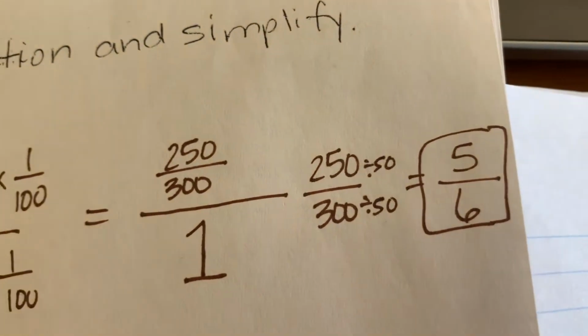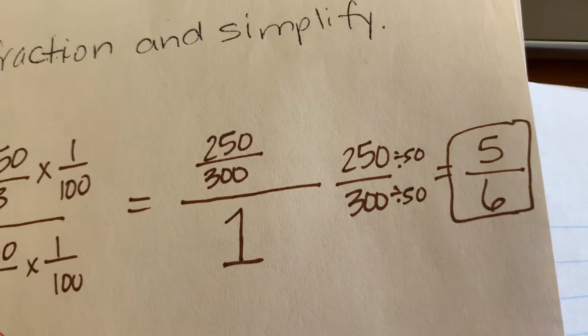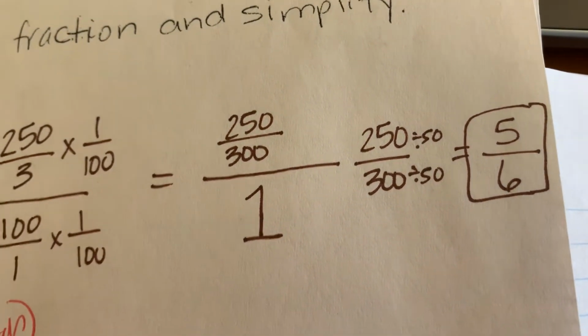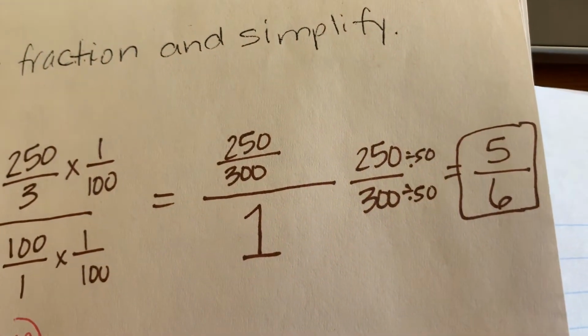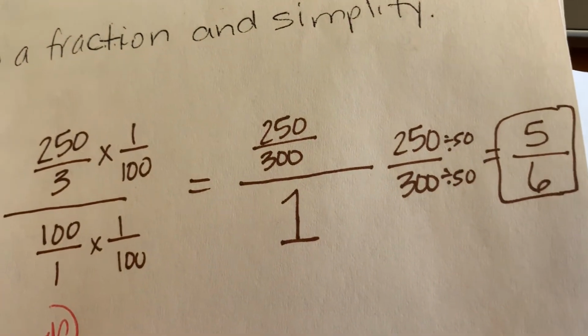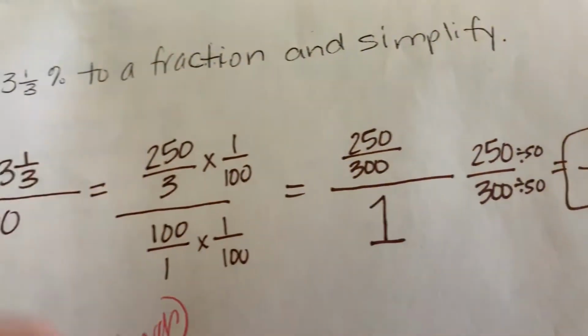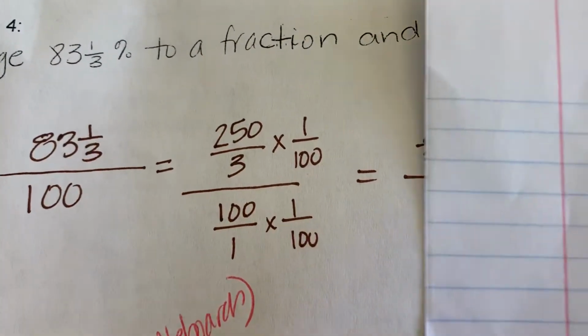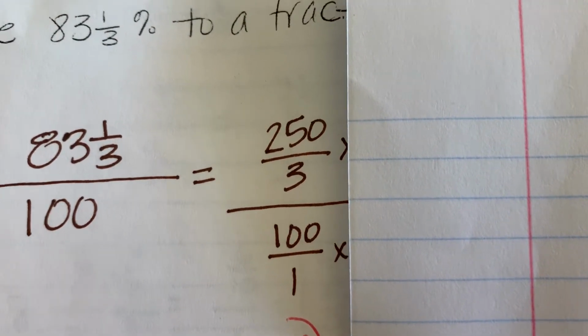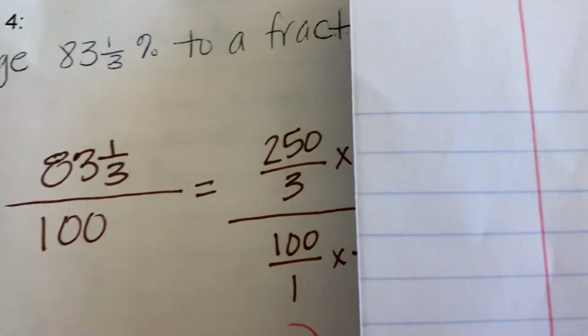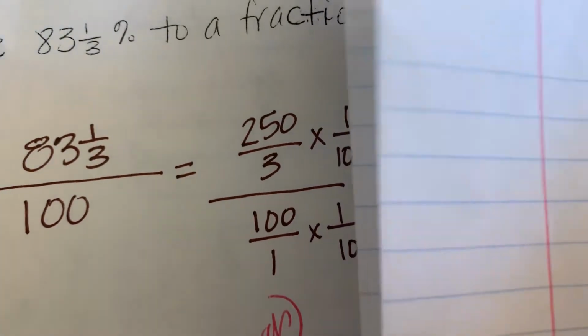Okay, so you're going to hit pause, and you're going to do your practice set, and I'm going to go through the practice set with you, and I'm going to review all the answers. I do want to point out, I know we've done keep, change, flip, so I'm going to back up the boat to this one right here. If I look at this, this is like 250 over 3 divided by 100 over 1, so I'm going to draw that.